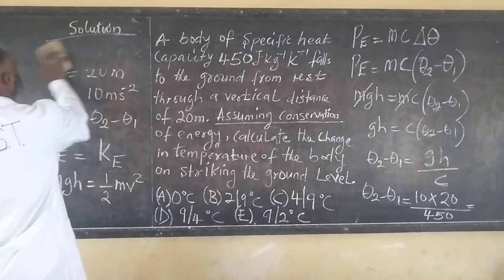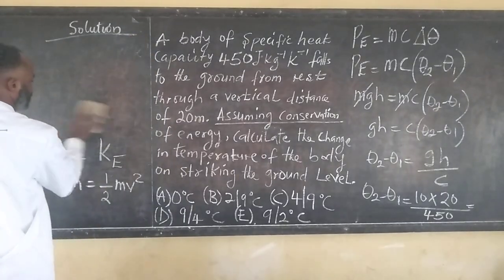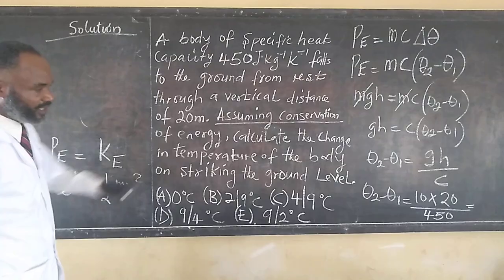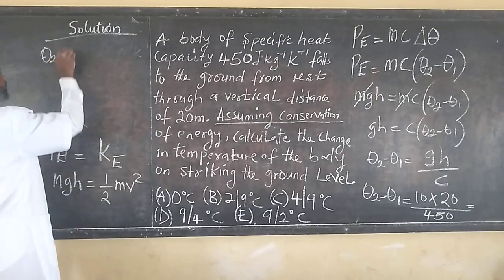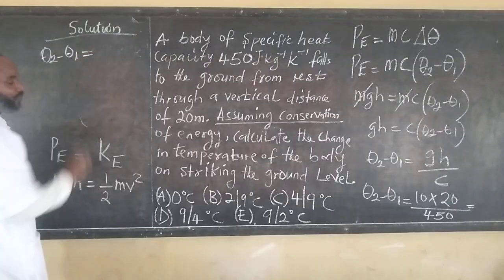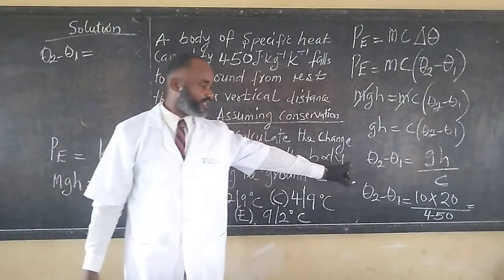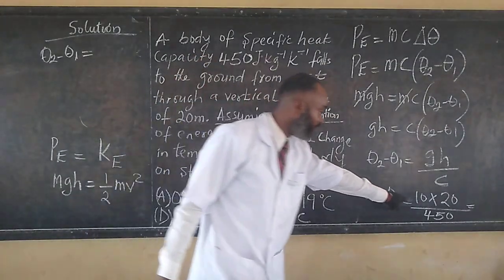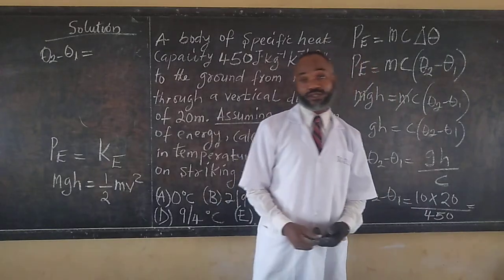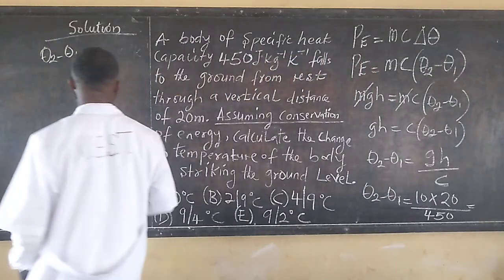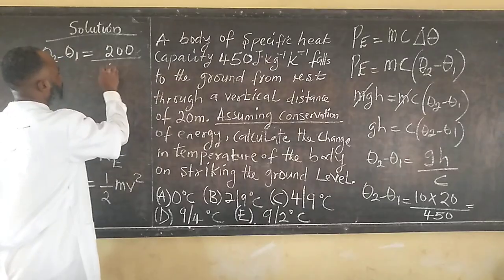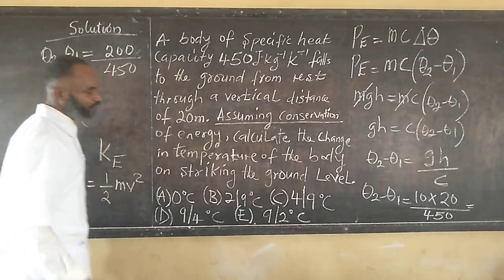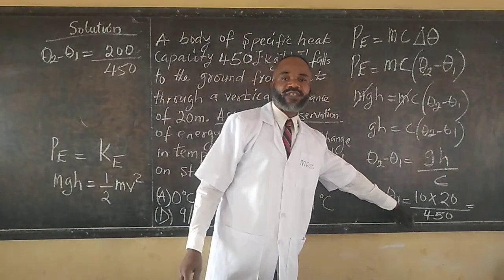Let's finalize what we started and see what this will be. Theta 2 minus theta 1, the change in temperature, is 10 times 20, which is 200, all over 450, the specific heat capacity.